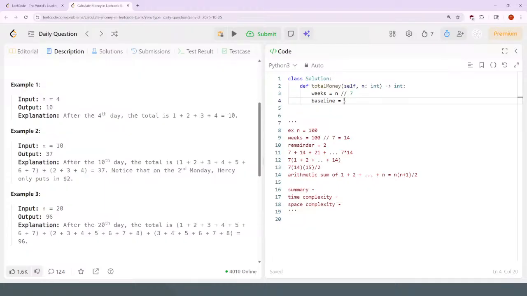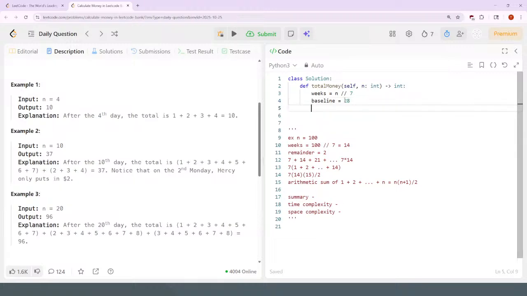So it's 1 through 7, which is 7 times 8 divided by 2, 56 divided by 2, so it's 28. And then the remainder is n mod 7.